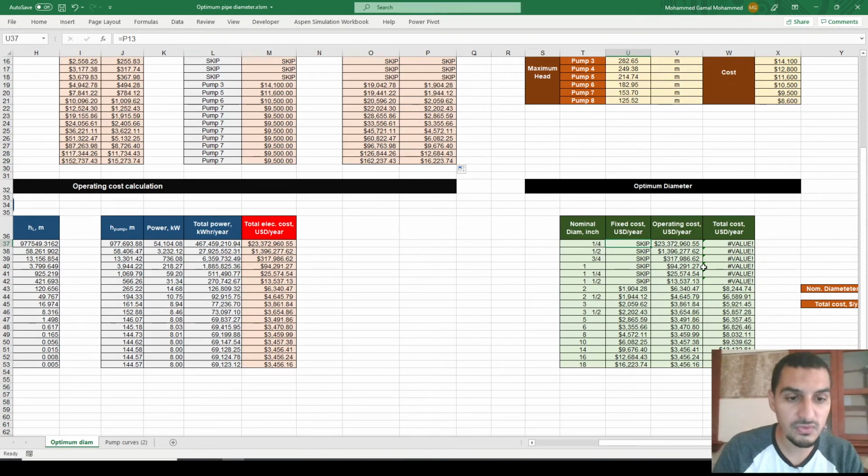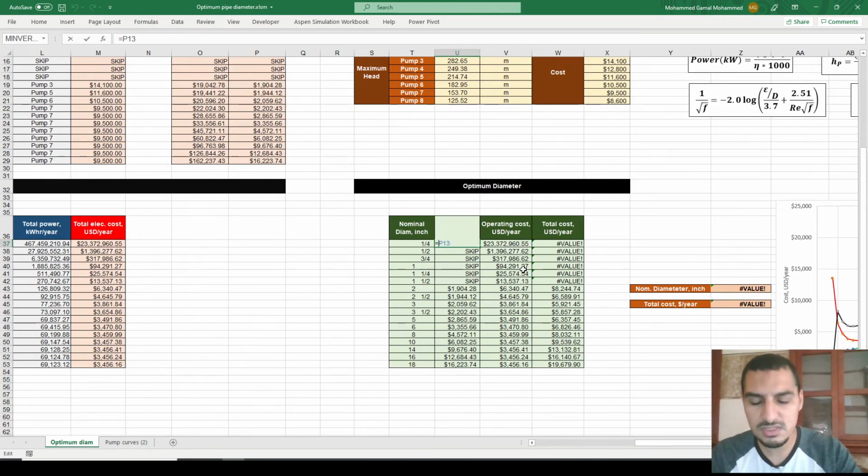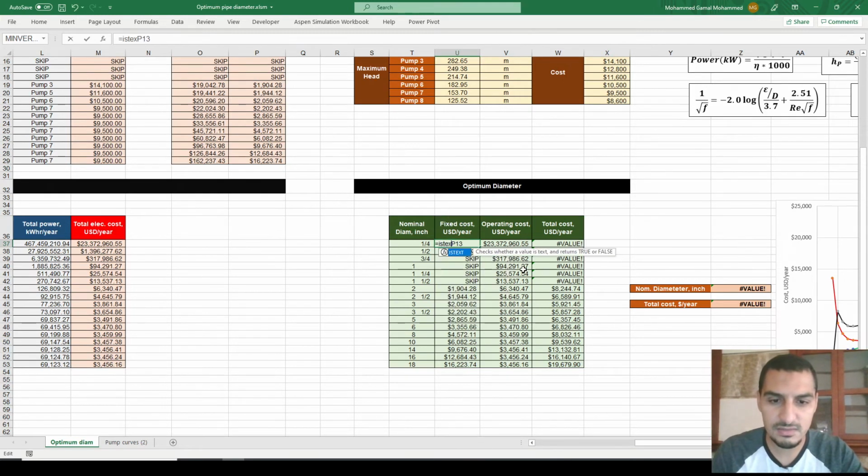And for this table, there is one thing that I personally prefer to do, which is not showing any values for the diameters that I skipped. So what I want to do now is something we didn't mention before, but it's a nice thing. Instead of putting skip, there's a function called ISTEXT. ISTEXT is like a true or false function.